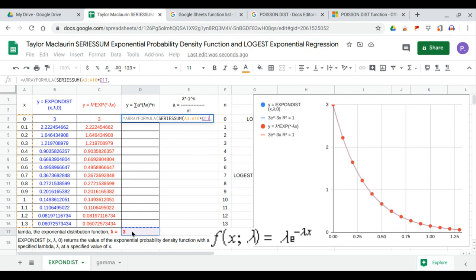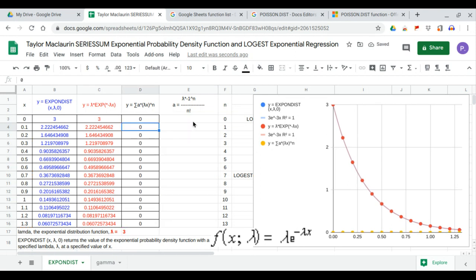Where the power is x to the n, the starting power is 0, then the increment is 1, because it's lambda x to the 0, lambda x to the 1, squared, cube, and so on. So the increment is 1. And the coefficient will be this range, the A column.